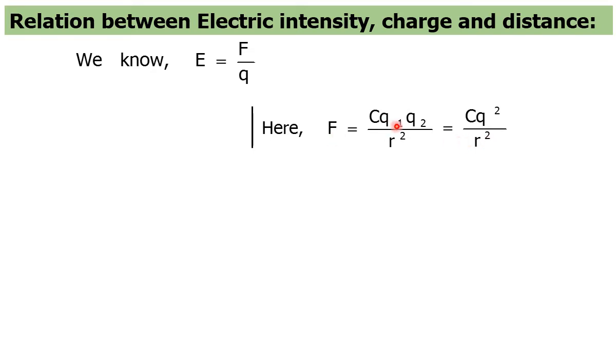Here the value of first charge and second charge is Q. Now if we put the value of F in the equation of electric intensity, then we can write E equals C Q square by R square divided by Q. And after calculation, we can write E equals C Q by R square. That is another formula to calculate the electric intensity.